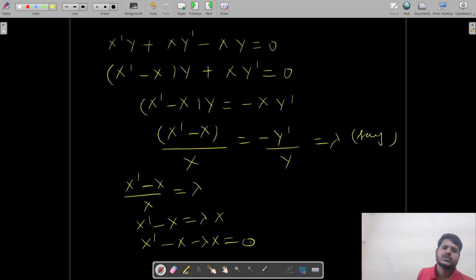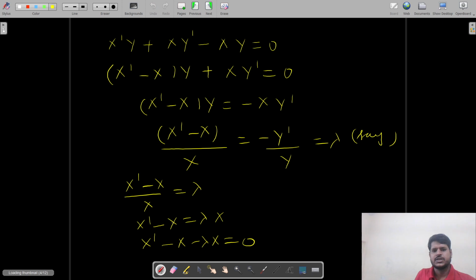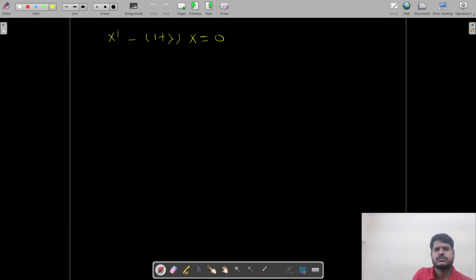Taking X common, X dash minus 1 plus lambda X equal to 0, right? Now this is a homogeneous ordinary differential equation with constant coefficients.